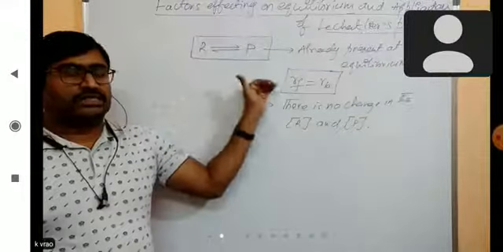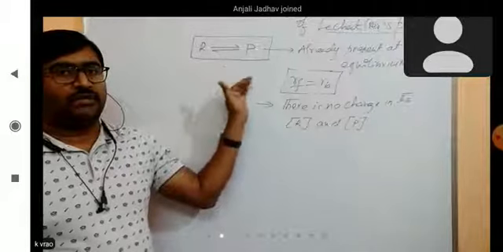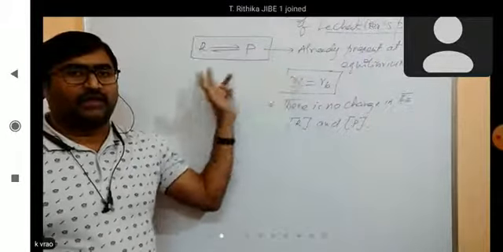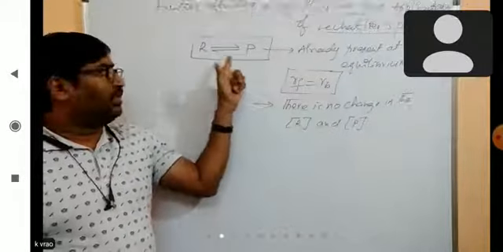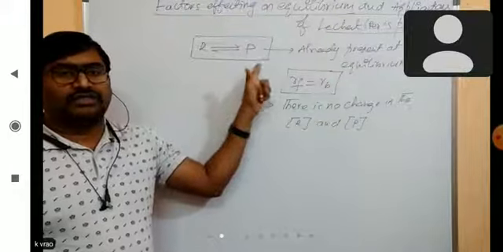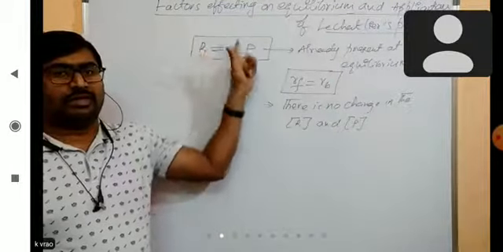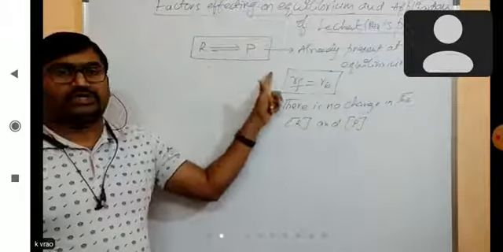The disturbance is reduced by shifting the equilibrium either in a forward direction or a backward direction. So once again, if I change the conditions of this reversible reaction, the equilibrium will get disturbed.